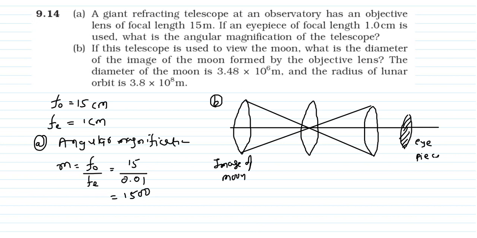And this is FO, the focal length of the objective lens, that is 15 centimeter, and FE is equal to 0.01 centimeter.